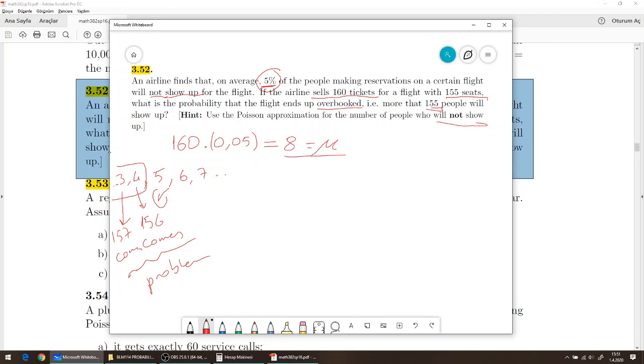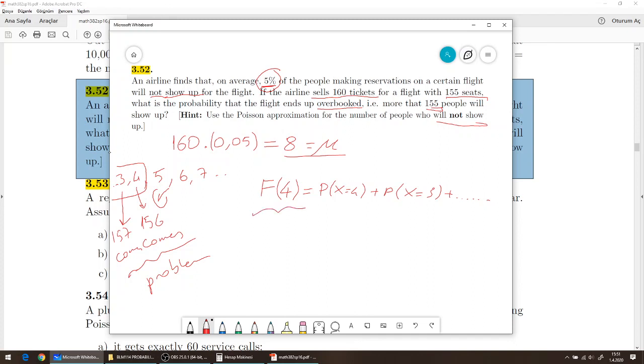We just have 155 seats. So the answer to the question is uppercase F4, because that is the probability that x equals 4, plus the probability that x equals 3, plus, and so on.